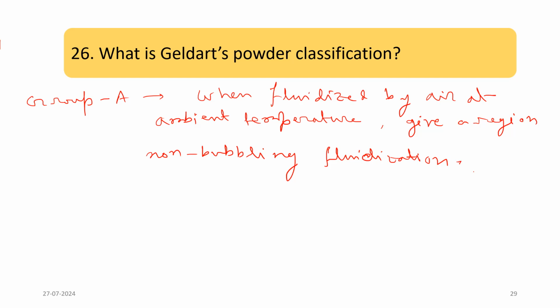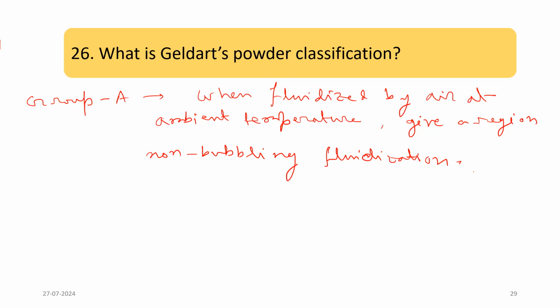So initially, when group A type of particles are there and it is fluidized by air, it does not create bubbles inside the fluidization bed initially.